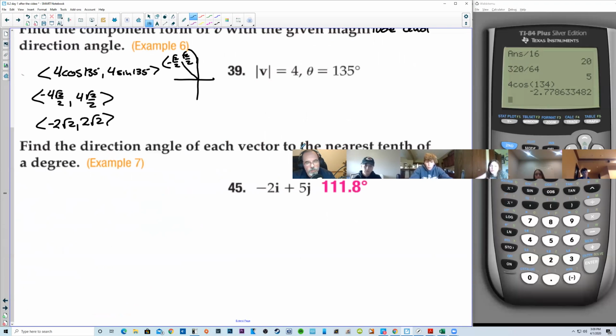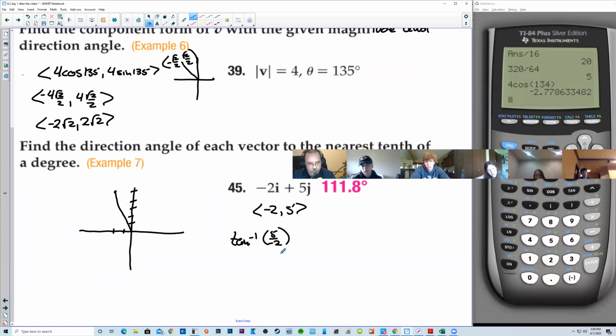Find the direction angle of each vector to the nearest tenth of a degree. So this component form is -2, 5. It's always nice to have at least a little bit of an idea of where this is. I now know this is in the second quadrant, which is not a principal quadrant. So when we do inverse tangent of y over x, sine over cosine, that's what tangent is.